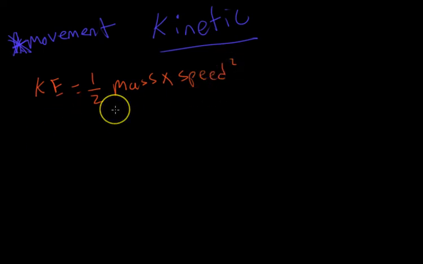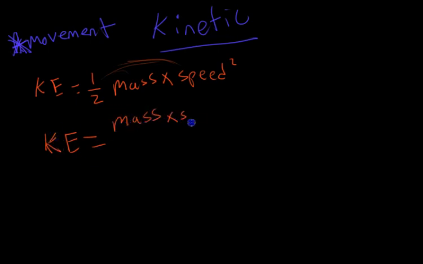If you don't know your order of operations too well, or you might get confused on how to distribute out the 1/2 and when to multiply, if that's often a problem for you, I recommend writing it like this: KE is equal to mass times speed squared over 2. Okay, that's how I recommend writing it. It's a little easier.